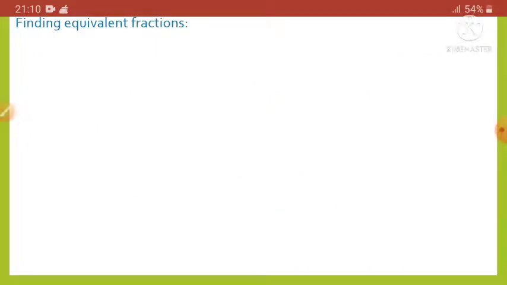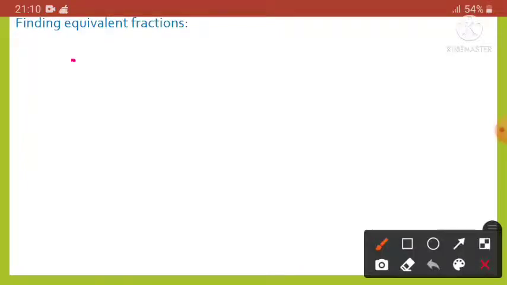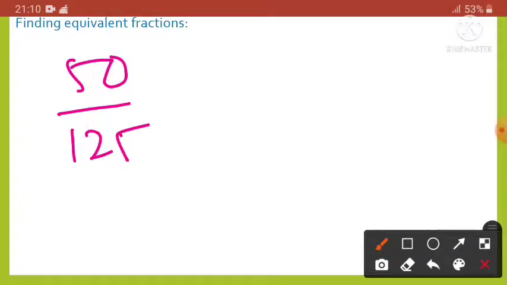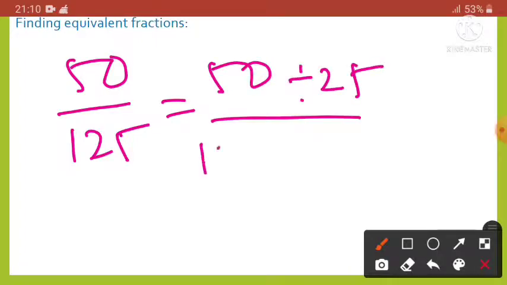We can do this same process by using the division method. So if you want to find equivalent fractions, you can multiply the numerator and denominator with the same number. Otherwise you can divide both the numerator and denominator by the same number. Okay, you can do any process. Suppose I am taking one example, 50 by 125. Here we are dividing by the same number, 25.